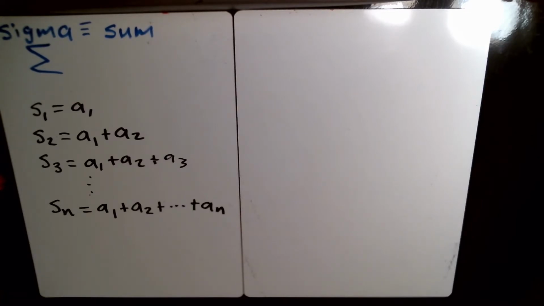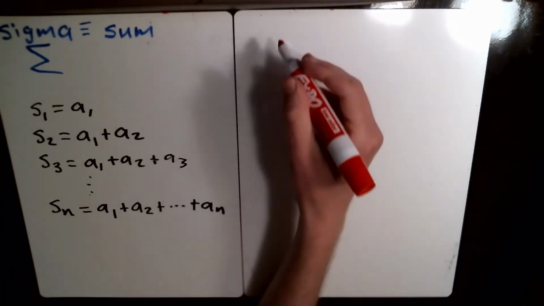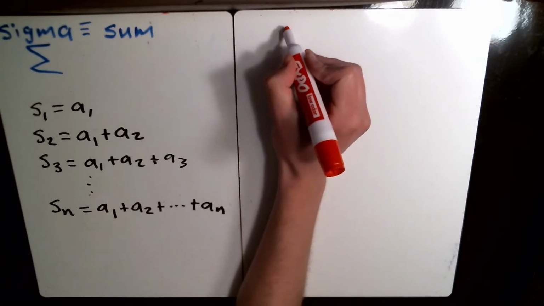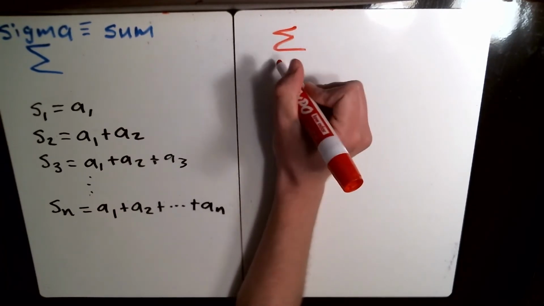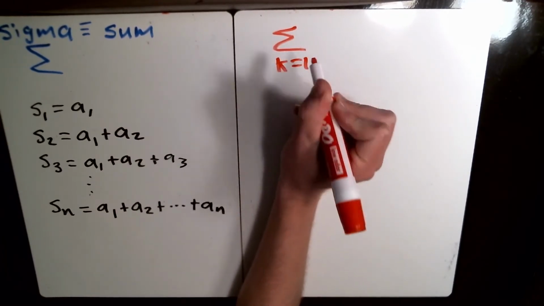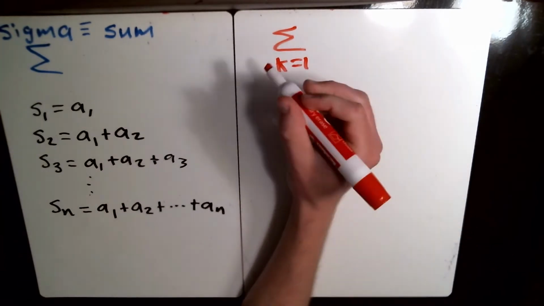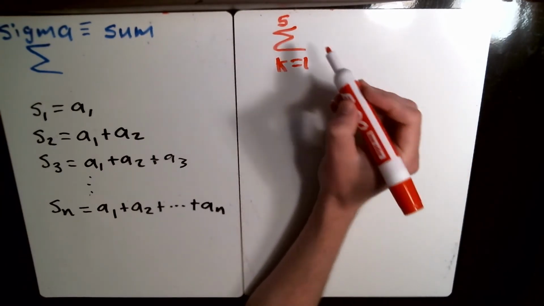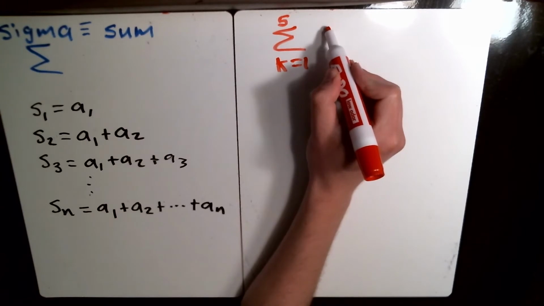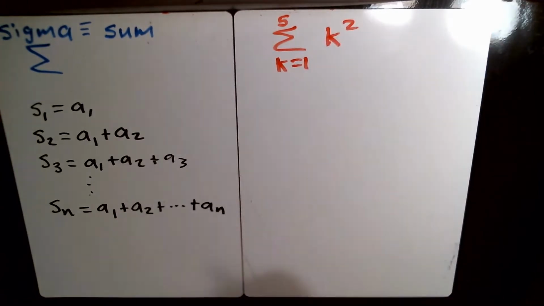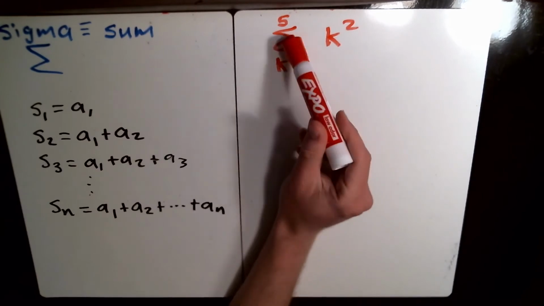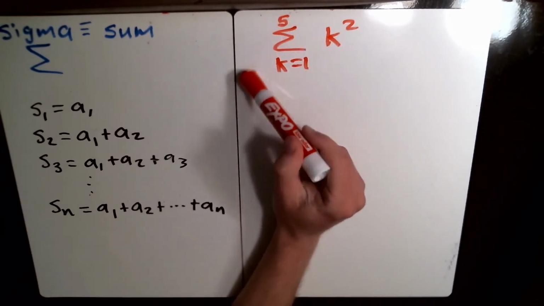So how we use the sigma notation typically, I'll give you an example of what you might see. You've got a sigma here, k equals 1 below it, up to 5, and then some equation here, k squared. What this means is, well, the sigma is a sum.